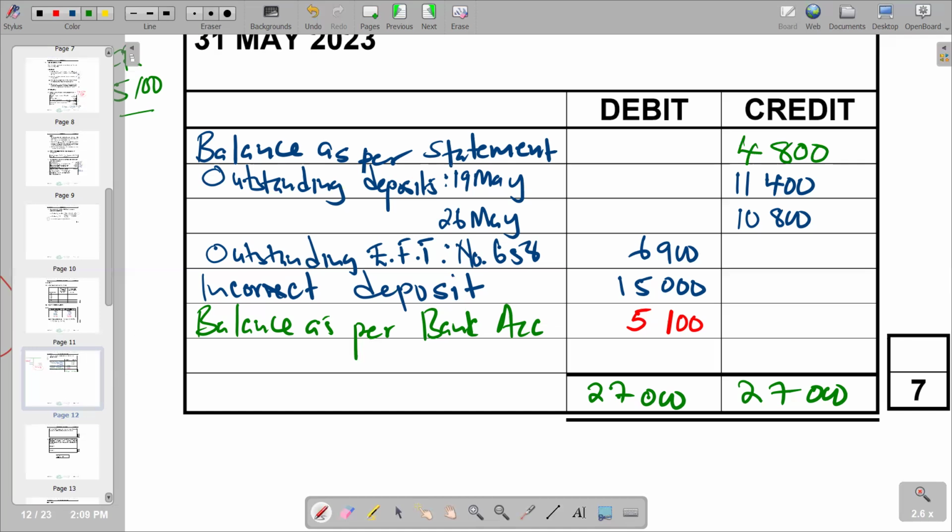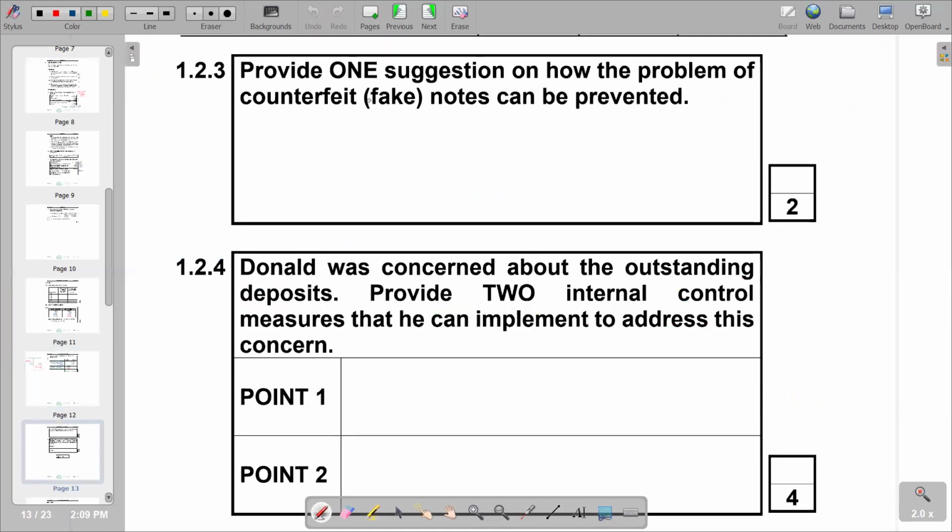Then we also have information that we also need to respond to. That is on the last part, whereby the first one is saying provide one suggestion on how the problem of counterfeit fake notes can be prevented. So how can we prevent counterfeit which are fake notes?